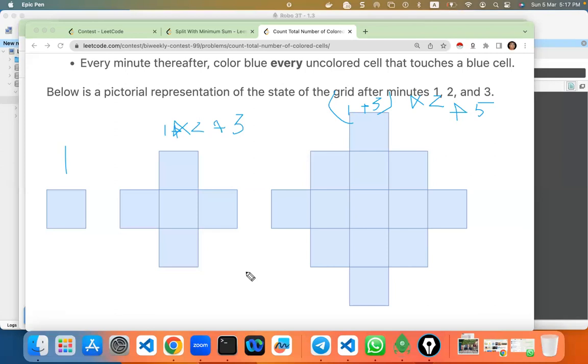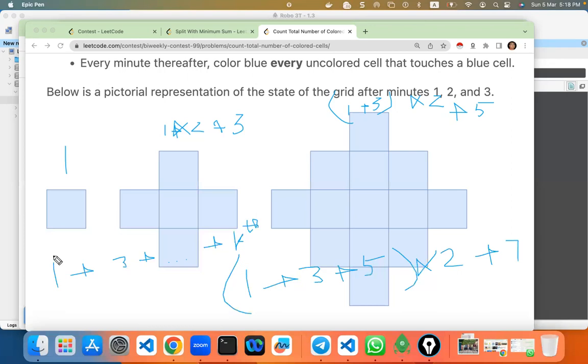We can do it in order of 1. So to generalize, for the kth term, it will be 1 plus 3 plus 5, all up to k terms, into 2, plus the k plus 1th odd term.